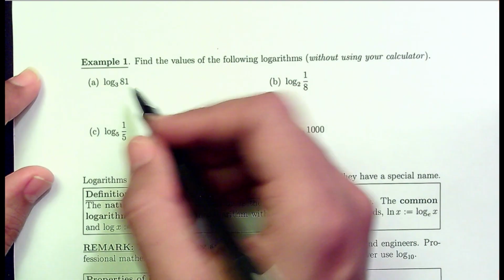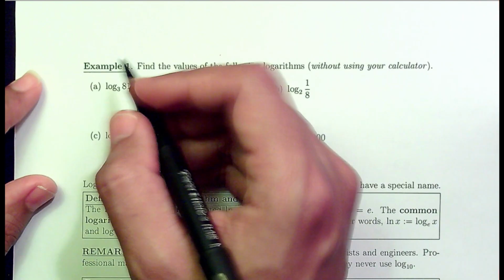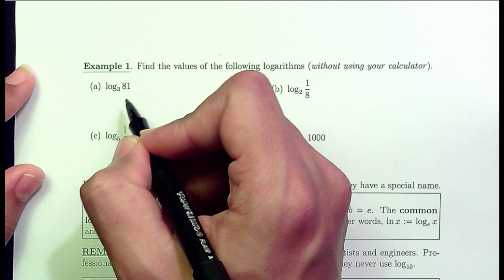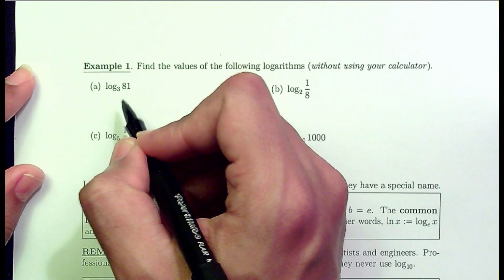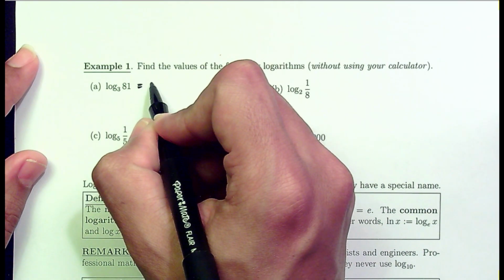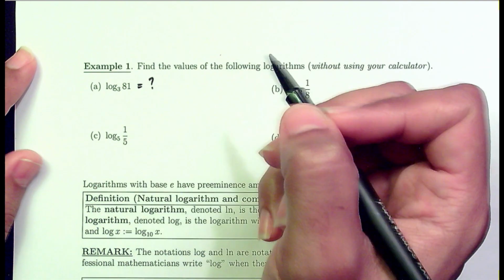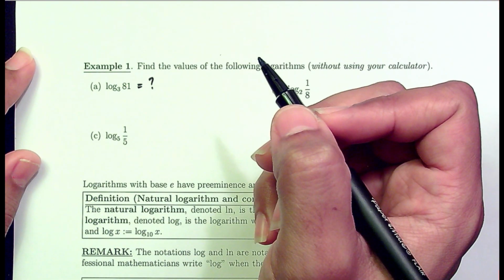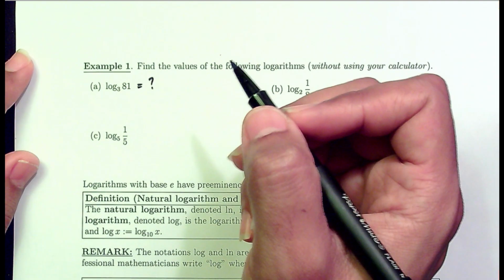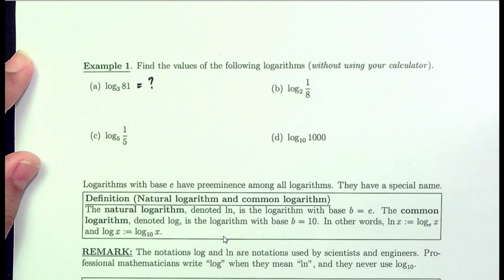All right, so let's figure out what this is. It says, compute without a calculator, what is the logarithm of 81 base 3? The logarithm base 3 of 81. So what is this? I don't know. So you can call it something. You can call it x, you can call it y, you can call it question mark. Give it a name.